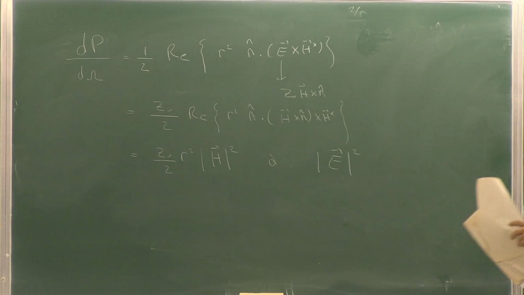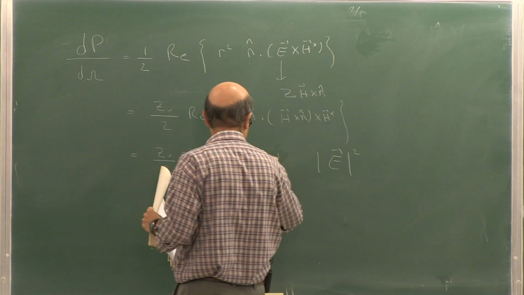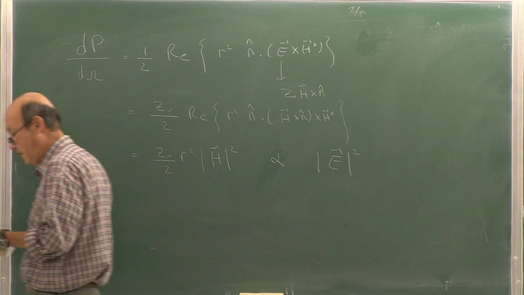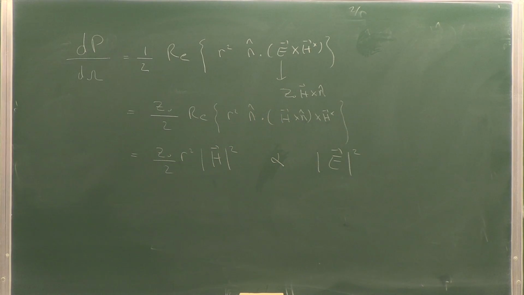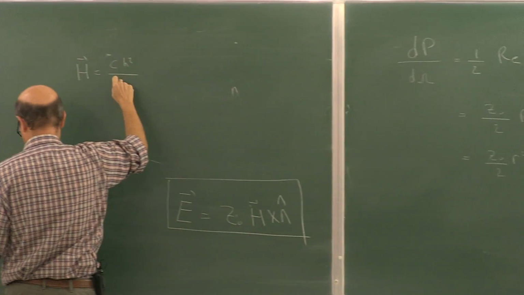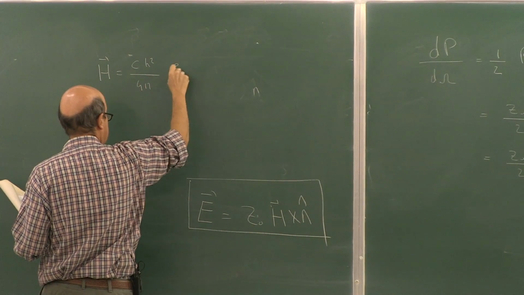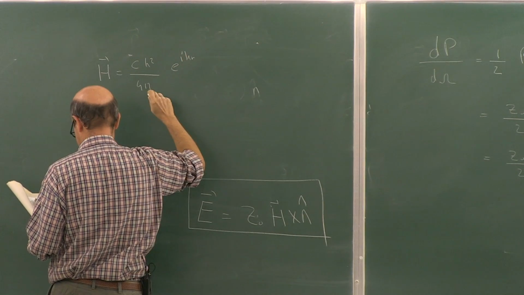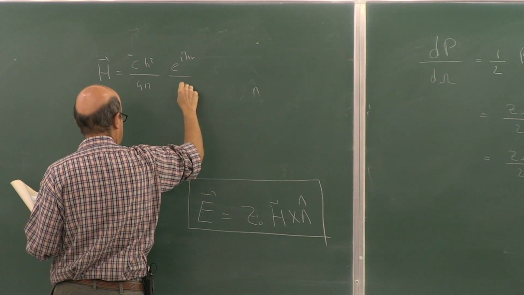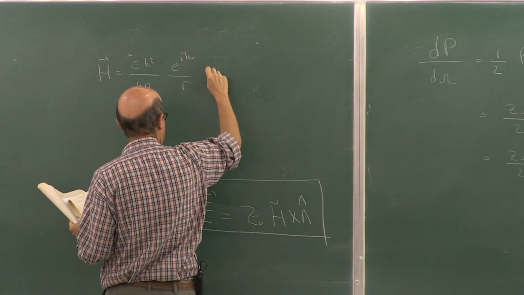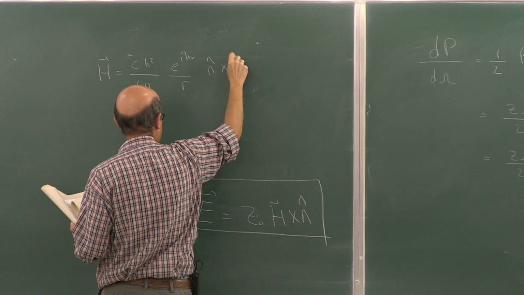So for H at the far field zone, what was our H at the far field zone? That was c k squared over 4 pi, e to the i k r over r, n cross p, I guess.